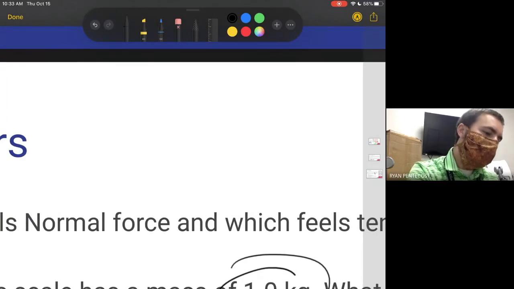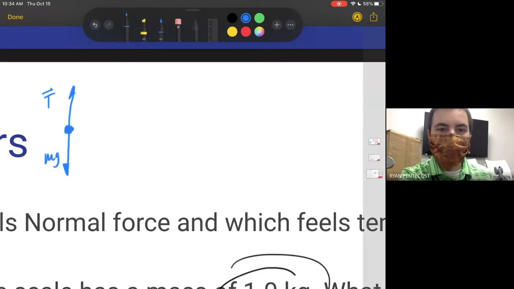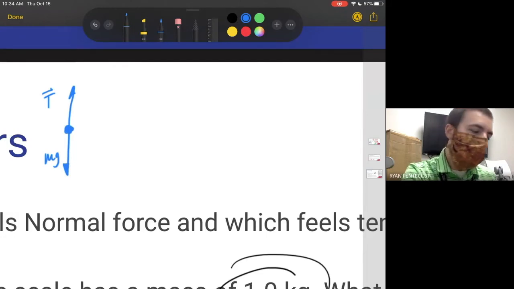We've got a fish, and we have a down force of mg and an up force, curvy line there, of tension. Now, that scale is part of a Newton's third law pair, right?